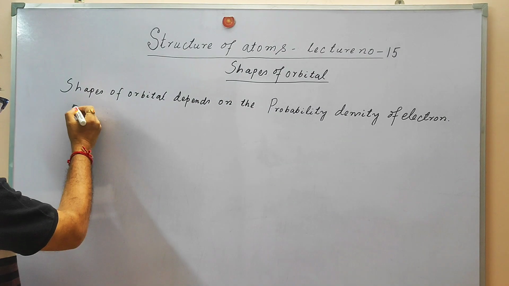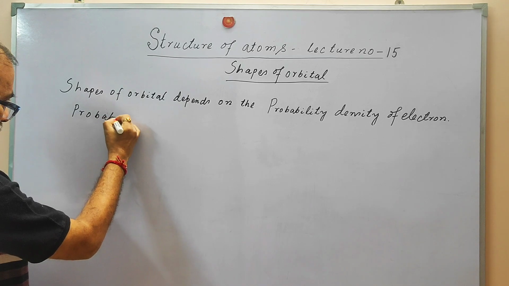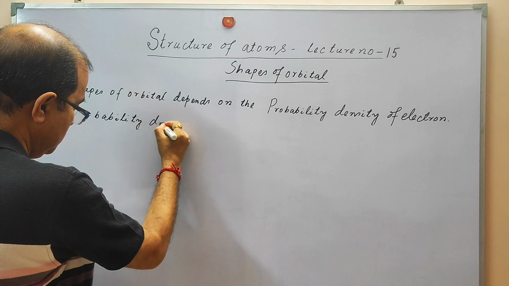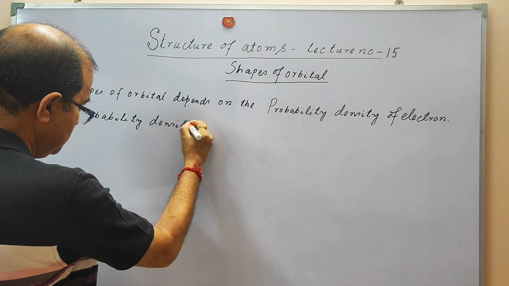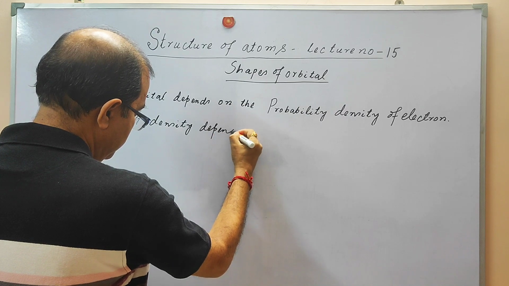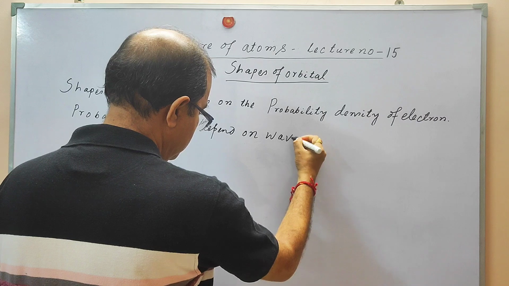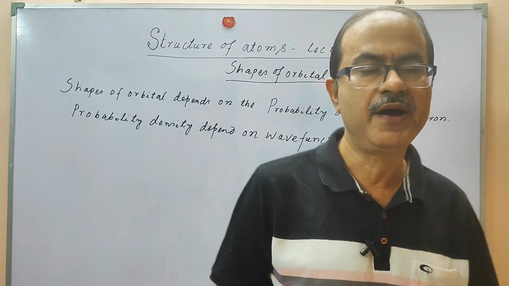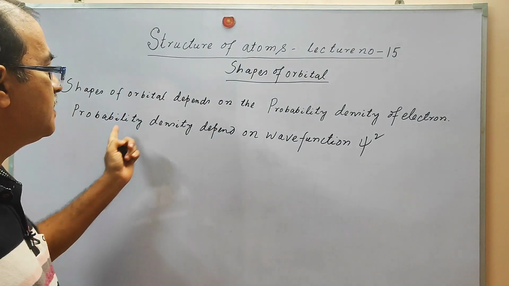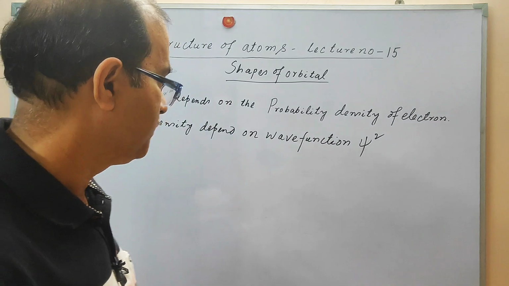So probability density depends on the wave function, as suggested by Max Born, that the probability density is basically the phi square at any point.